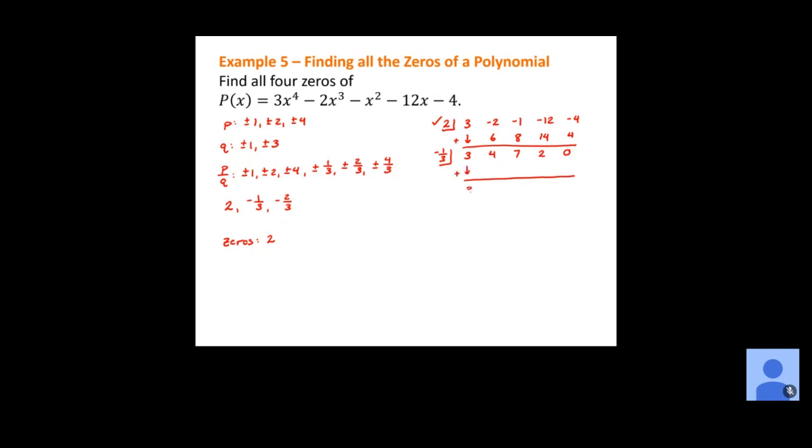Bring down the 3. 3 times negative 1/3 is going to give us a -1. 4 plus -1 is 3. 3 times negative 1/3 again is -1. 7 plus -1 is 6. And 6 times negative 1/3 is going to give us a -2. 2 plus -2 is indeed 0. And so that one checks out, and negative 1/3 is one of our zeros.